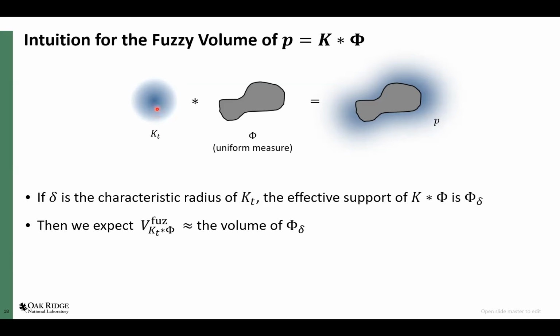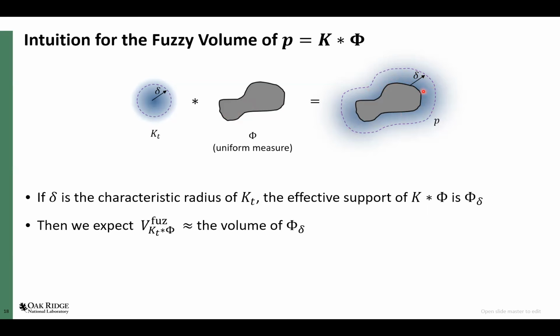So we have our kernel K, and we convolve that with a set, and we're going to say it has a uniform measure over the set. When we do that convolution, we have some characteristic radius for our kernel, and if you look at the support of that blurred distribution, it's going to be roughly the set of states that are within some distance delta from the original set.